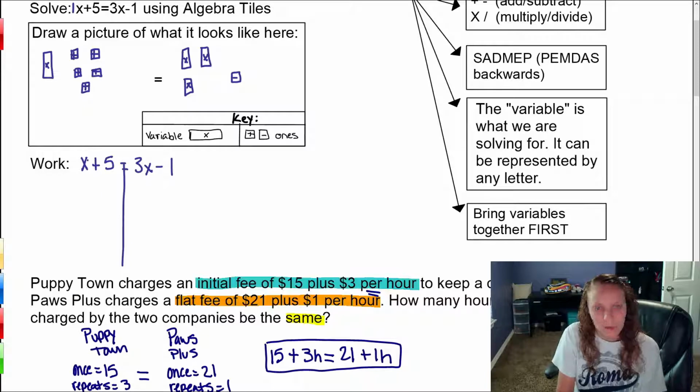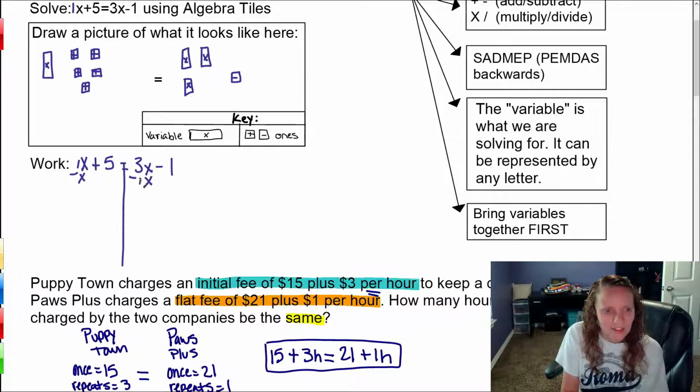Now, if you remember when we were using algebra tiles, I think we ended up subtracting this x out, and we had to do it on both sides. And so this is a positive 1x, and to get rid of positive 1x, I'm going to subtract x. And that cancels out to 0. And so then I'm left with 5 equals 3x minus 1x, that is 2x. And then bringing down the minus 1.